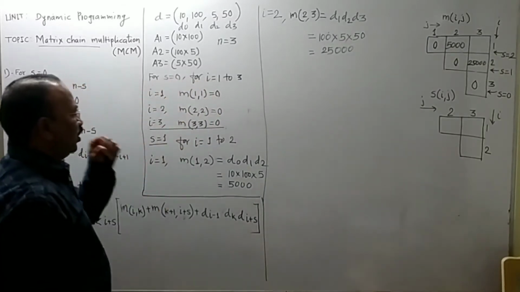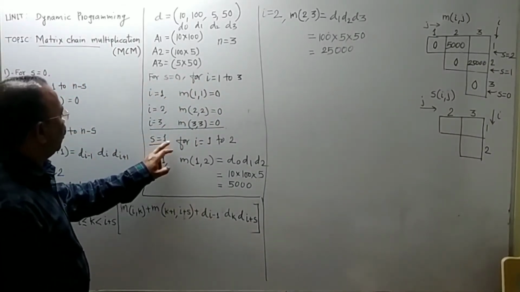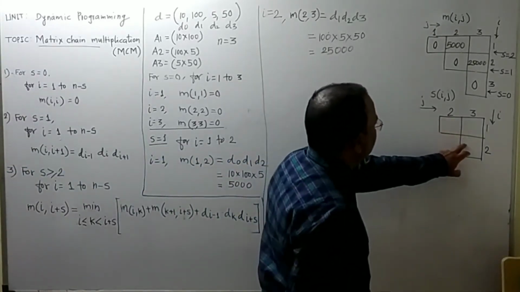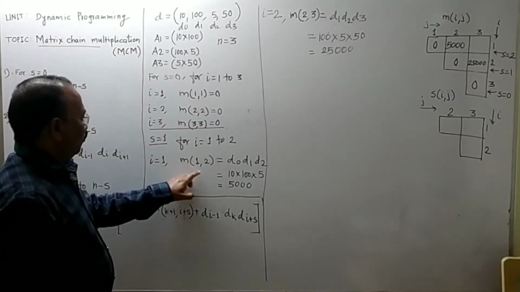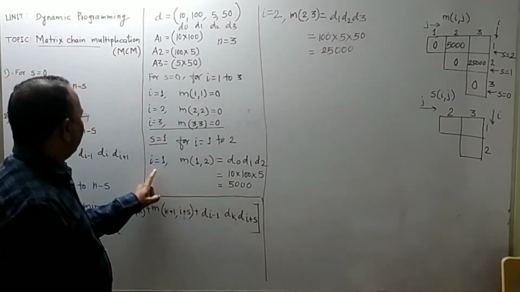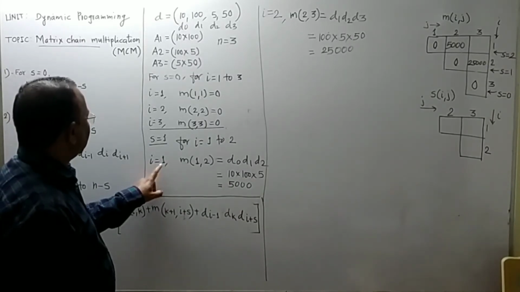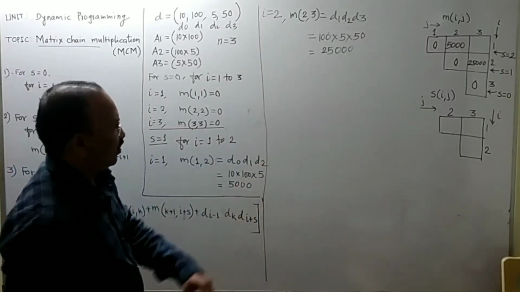Now once we have obtained the values for s is equal to 1, we have to put the values in the S table. Now see here, 5000 we have got for I is equal to 1, so put I is equal to 1 at the 1 2 place in the S table.